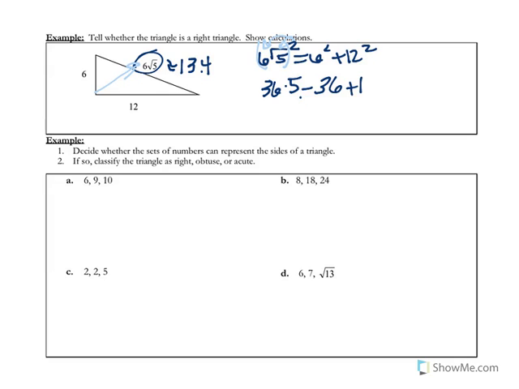That's equal to 36 plus 144, and then 36 times 5 is 180, and 36 plus 144 is also 180. How fun. So then that means, since they are equal to each other, then we do have a right triangle.